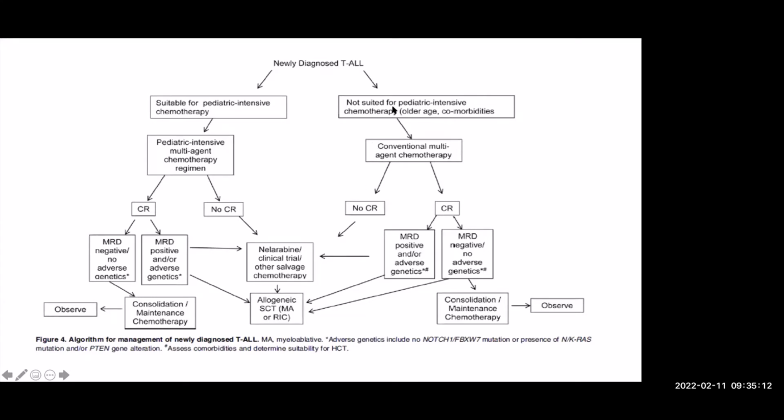For the patients who are not fit for pediatric intensive chemotherapy, one can use conventional multi-agent chemotherapies. Similar to this, if the patient has induction failure, they go for salvage therapy and transplant. And patients who had MRD positive and adverse cytogenetics need allogeneic stem cell transplant.